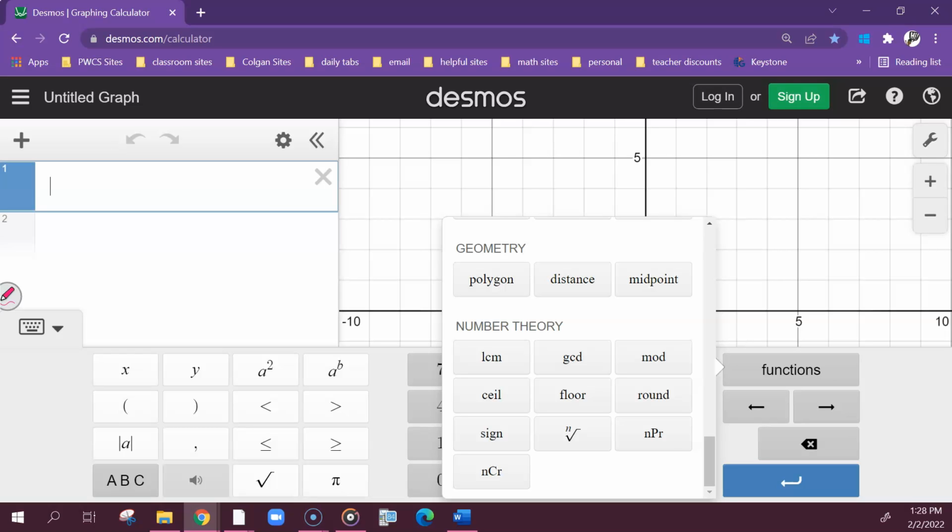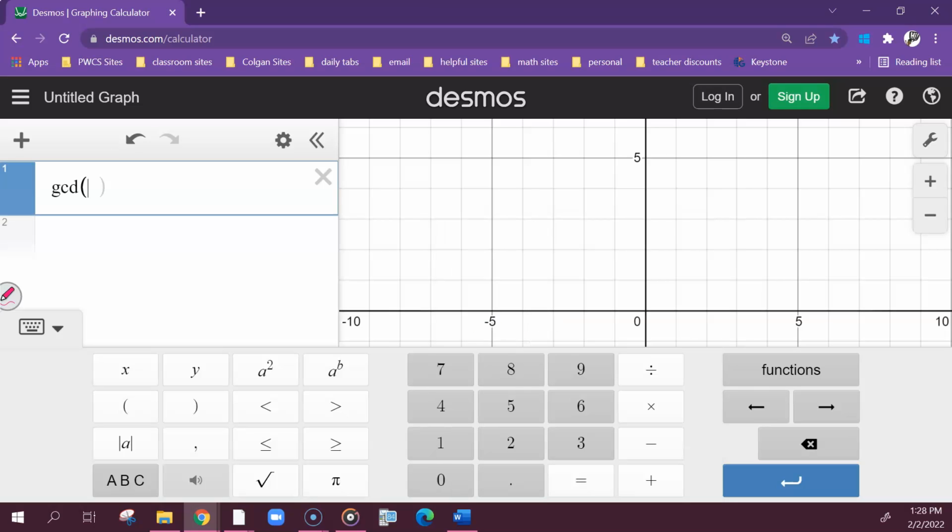In number theory, GCD is what you're looking for, the greatest common divisor. When we find a greatest common factor, we're dividing, so those are the same. So GCD. And then what you would do is take all the numbers, just the numbers, not the variables, from your problem. So let's say we go back to 24. And I put in 3, you have to put commas in between all of these. So 3, 9, and 15.